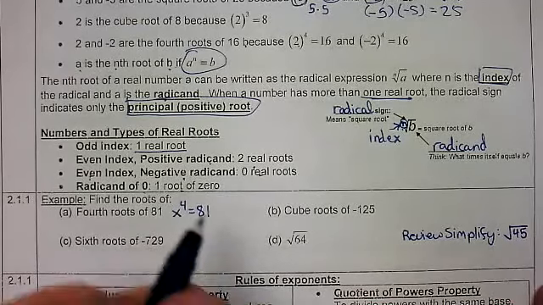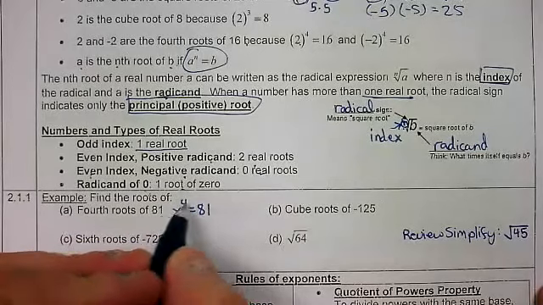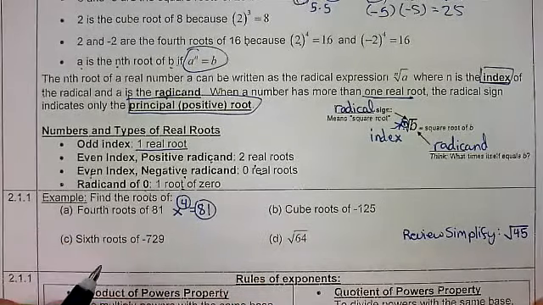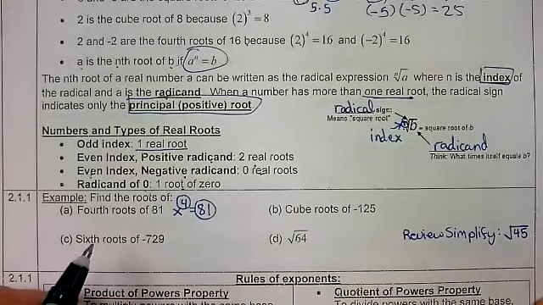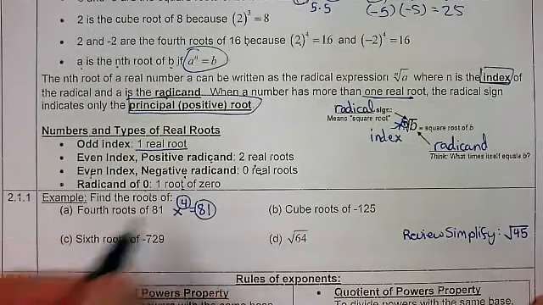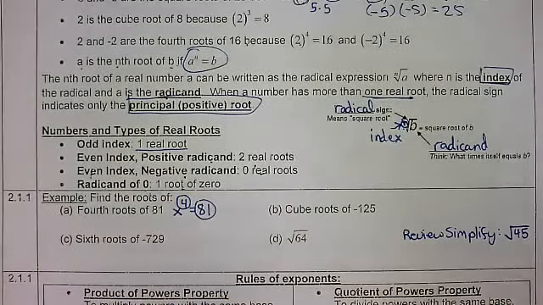Okay? So in this case, our index is even, our radicand is positive, so there's going to be 2 numbers. Now we need to find out what the fourth root is. Well, I know the square root of 81 is 9, so it's going to be something less than that.